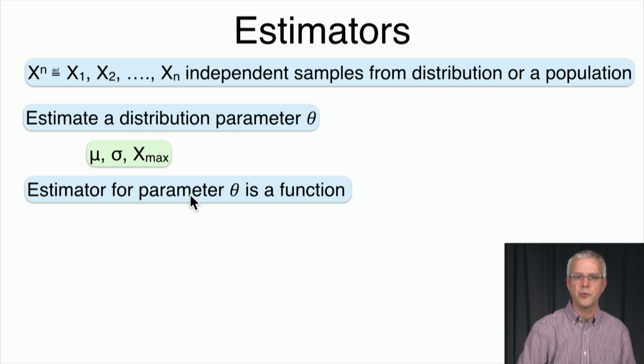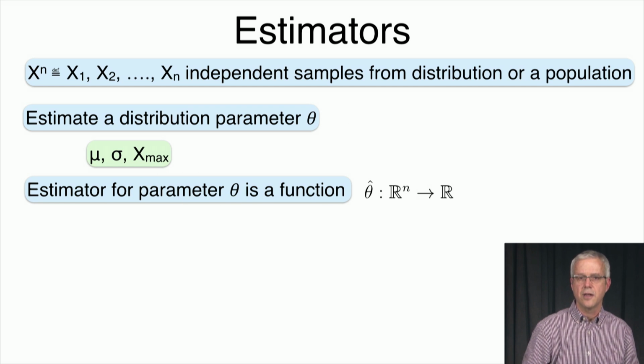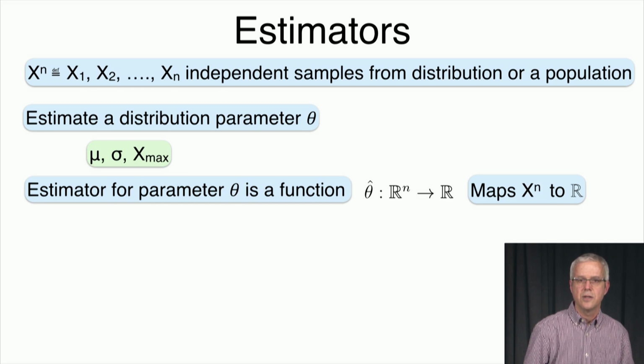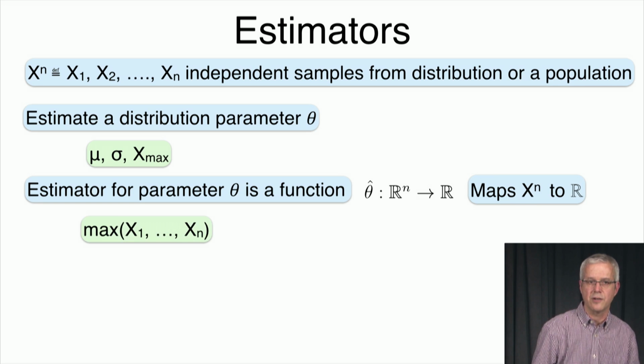An estimator for a parameter theta is just a function, theta hat, that takes our n samples and maps them to some real number, which is the value of the parameter. Okay, so it just maps x^n, the sequence of n values, to a number which is the value of the parameter. For example, we could take the maximum.